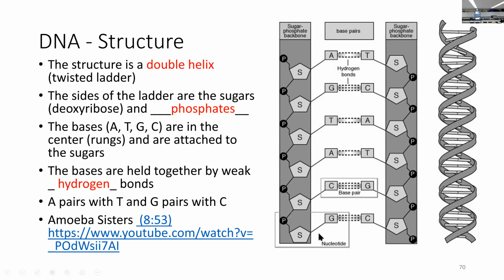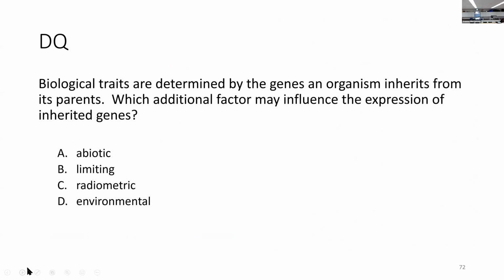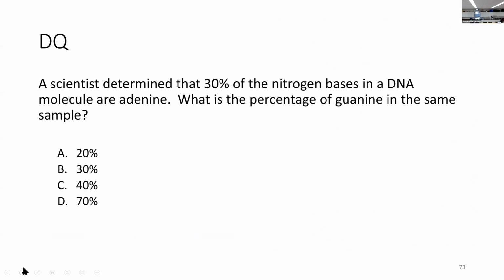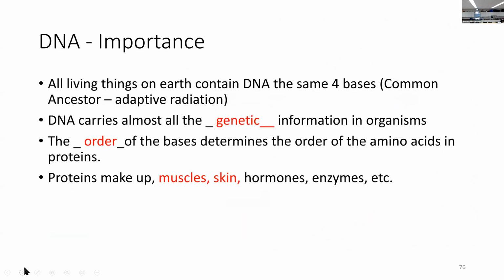So a nucleotide, they show you right here, is a sugar, a phosphate, and one of those 4 bases.